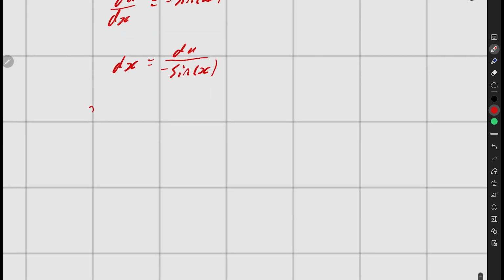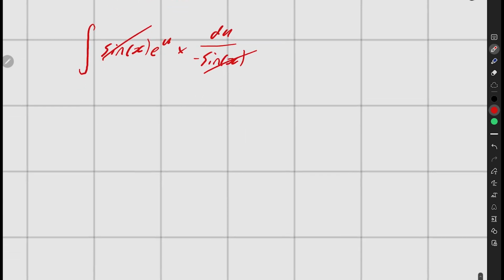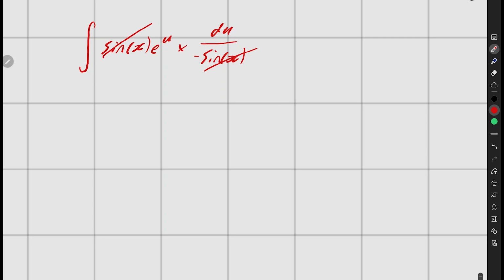So now let's rewrite the integral and start adding our terms of u and substituting them back into the original equation. So we're going to have sine of x times e to the u times du divided by negative sine of x. And the sine of x's are going to cancel out, which is what we want because now we're left with one term, and this is in terms of u.